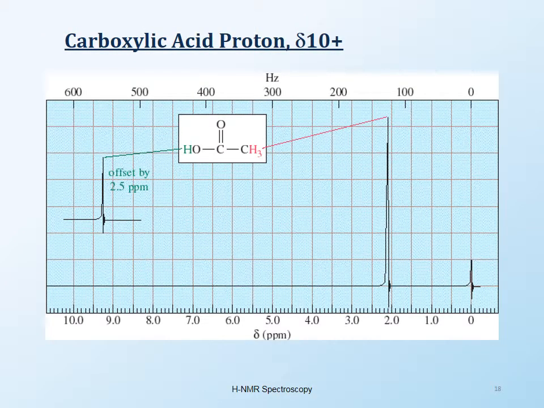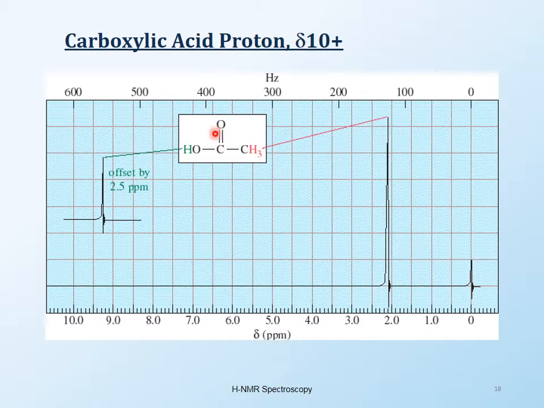And then, of course, we have the carboxylic acid proton, which comes very, very downfield. That is because of the oxygen here and the oxygen over here, so it's highly deshielded. This is the spectrum for acetic acid, and we just solved the problem. You will see 2 signals. One signal comes around 2 ppm, and again, this is because of the carbonyl carbon over here.